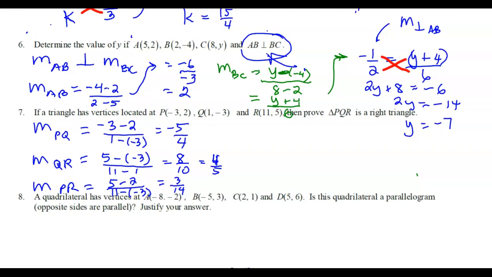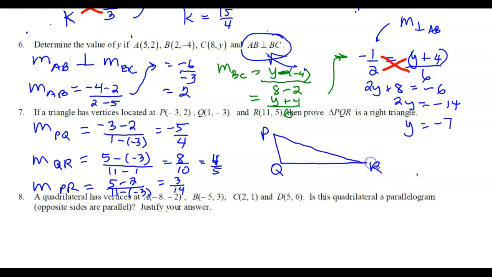Okay, so those are the slopes of each line segment. So if you take a look, if say you kind of just drew a triangle, okay, randomly, and labeled it PQR.